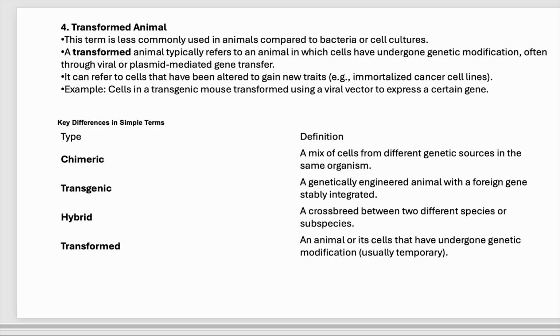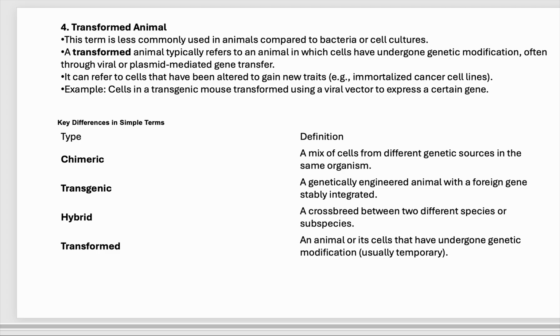So they have plasmid transfer, they cut the plasmid and they transfer one gene from one bacteria to the other. So you get the sense, right? That's a transformed animal, because they're talking about animals. For example, cells of a transgenic mouse transformed using a viral vector to express a certain gene.